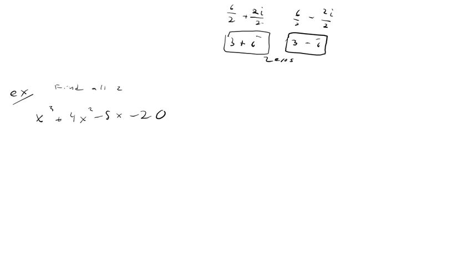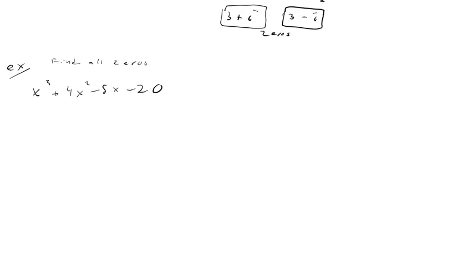Let's go to our Desmos graph and see what we can find here. So I said x cubed plus 4x squared minus 5x minus 20. All right, so I've got some zeros here. Maybe they're all really easy.